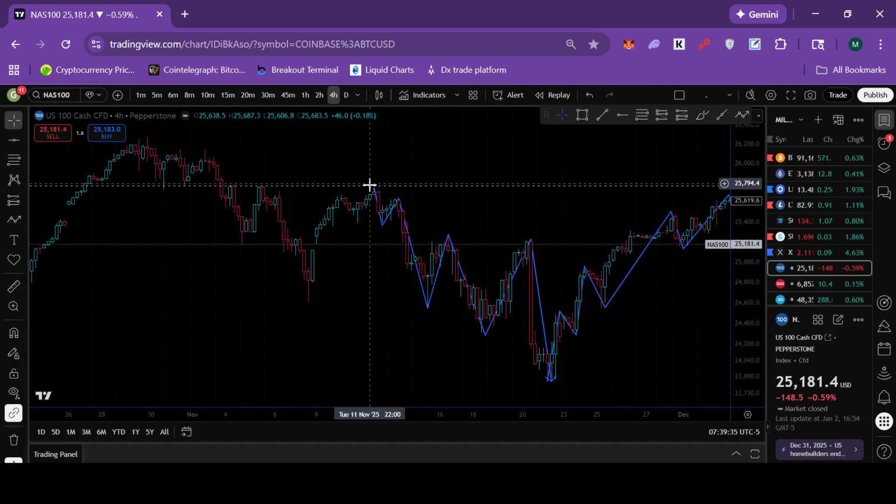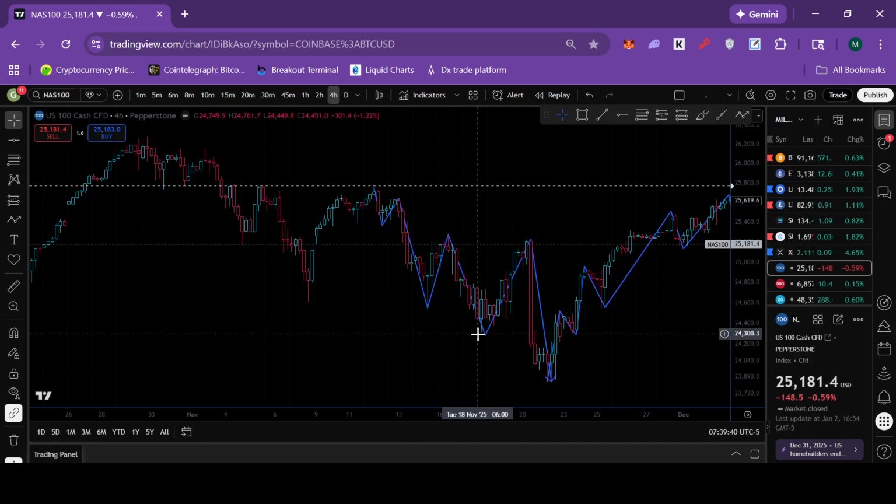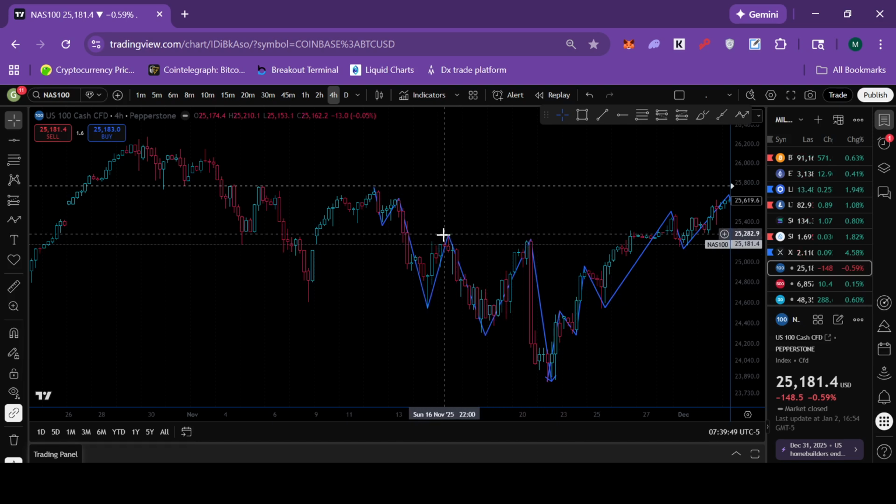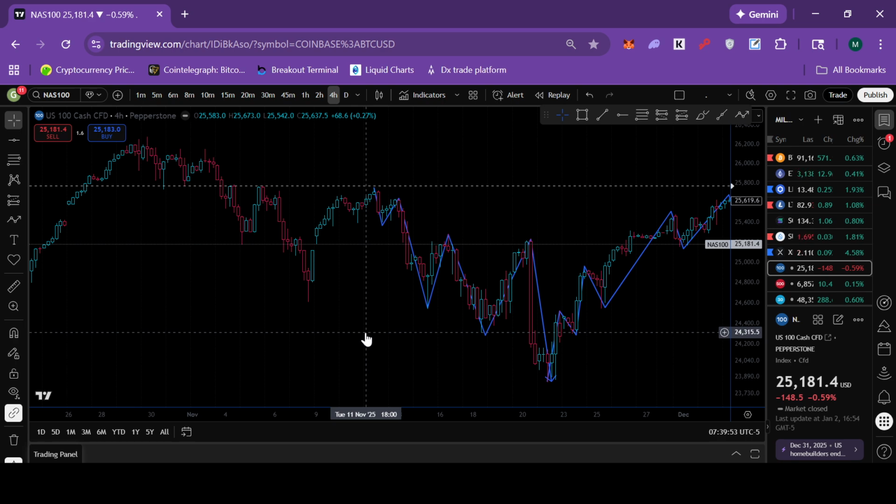It's the same thing. You're starting off at a high, and it's constantly getting lower and lower and lower, right? Now, are there pullbacks? Yes, but you're still creating lower lows without creating a higher high, right? And so that's what a downtrend will look like.